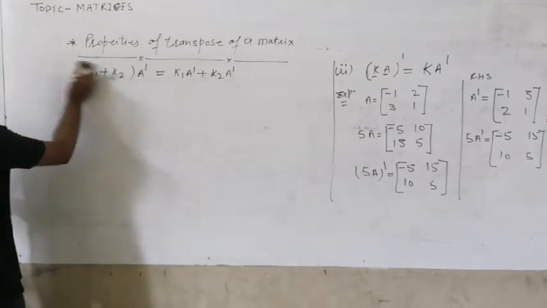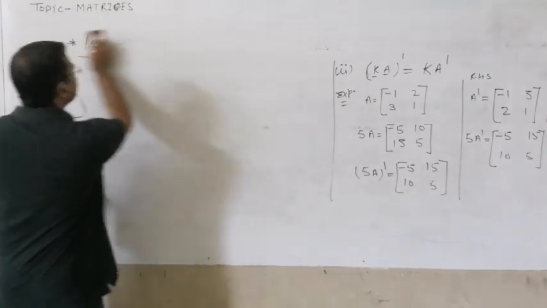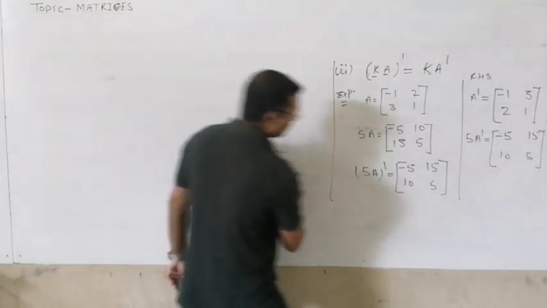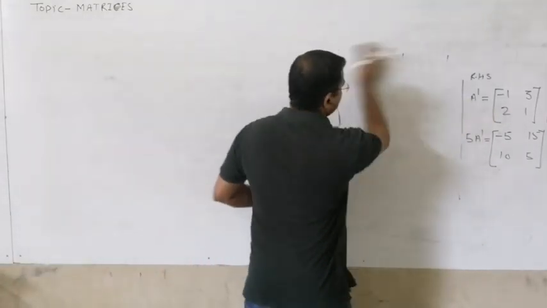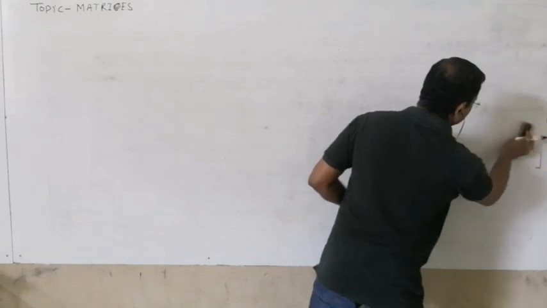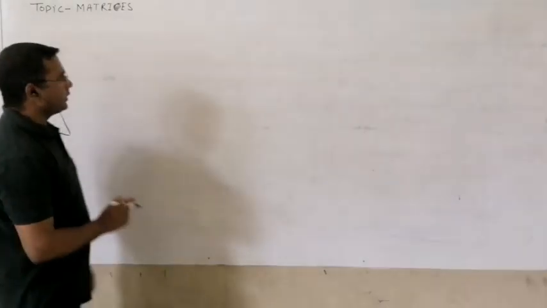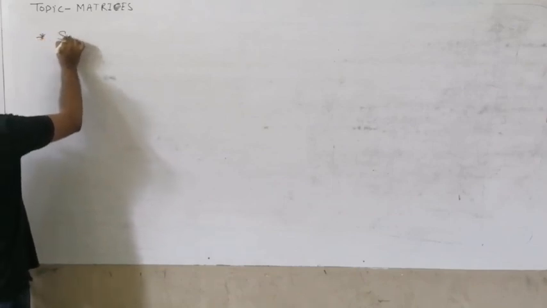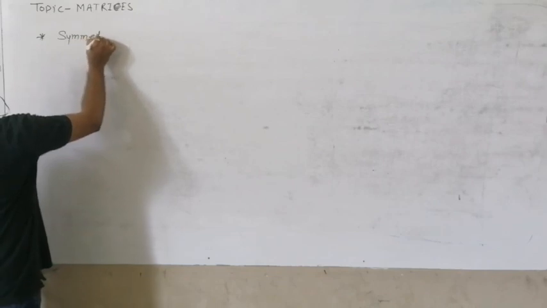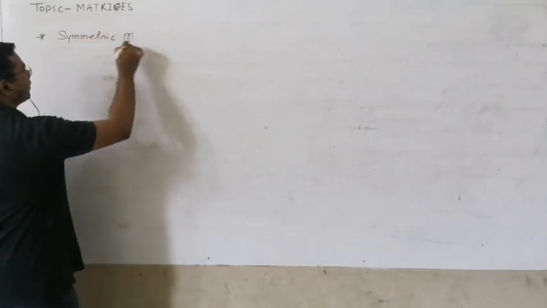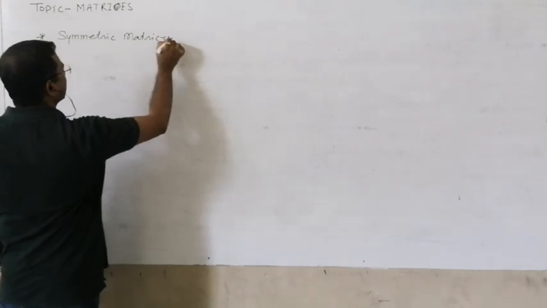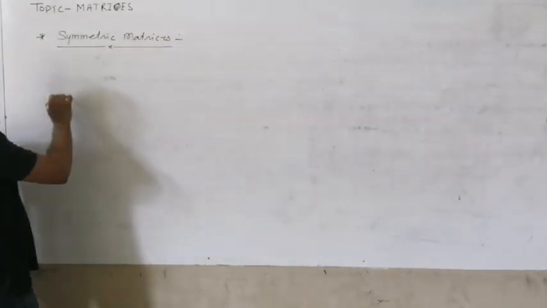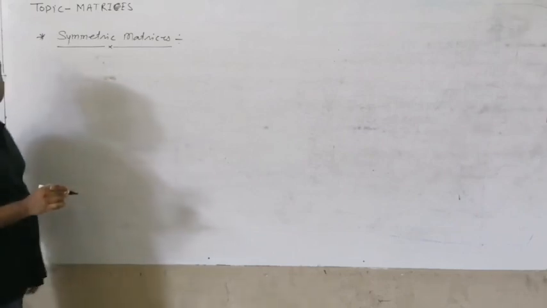Next I am taking what is symmetric matrices. See, what is symmetric matrices? Let A be a square matrix. Children, pay attention on this.